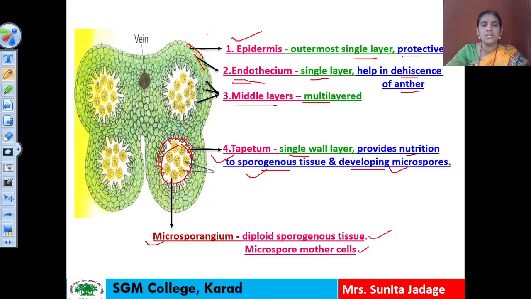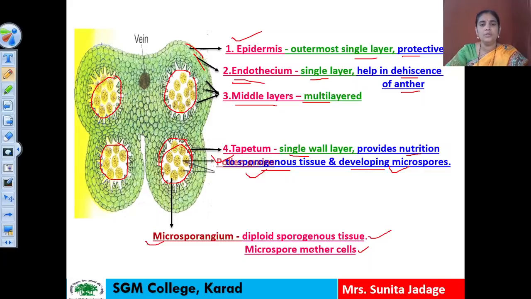This is the first, this is the second, this is the third, and this is the fourth microsporangium. So four pollen sacs or four microsporangia are present, showing diploid sporogenous tissue, from which microspore mother cells develop, and from microspore mother cells the pollen grains or microspores will be formed during the development of this anther.